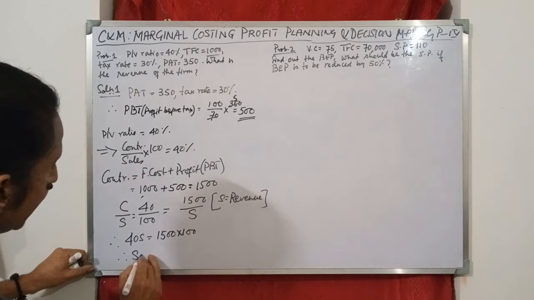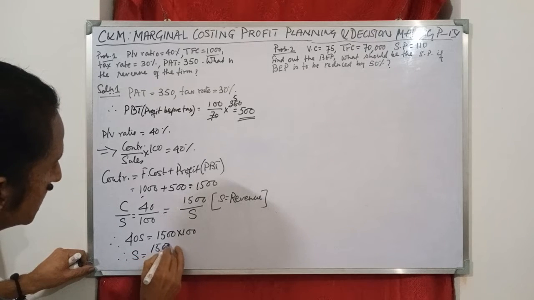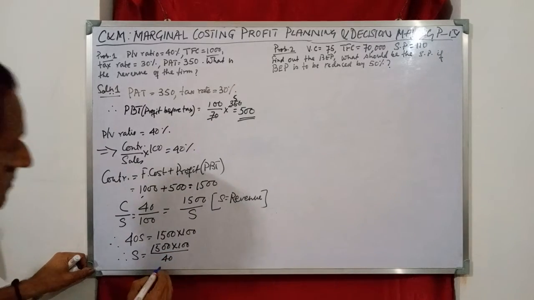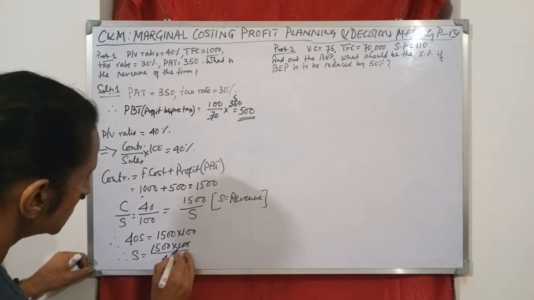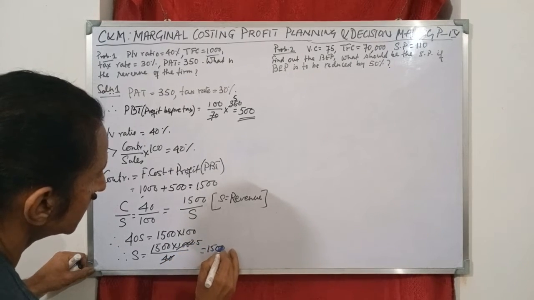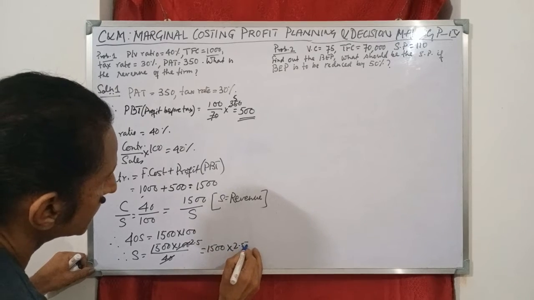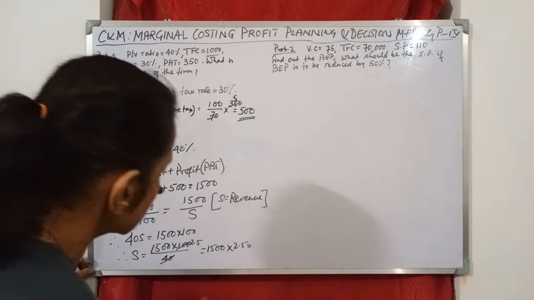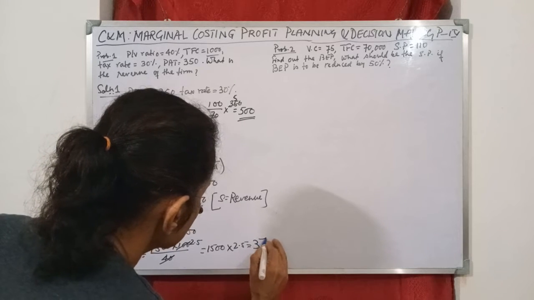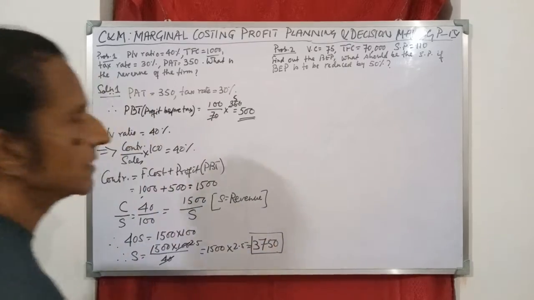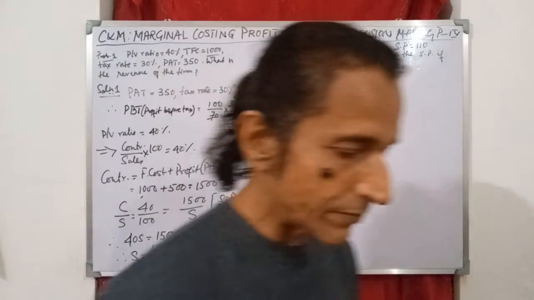Therefore S equals to 1500 into 100 divided by 40. So it comes to 1500 into 2.5 equals to 3000 plus 750, that is 3750. So revenue of the firm is 3750.